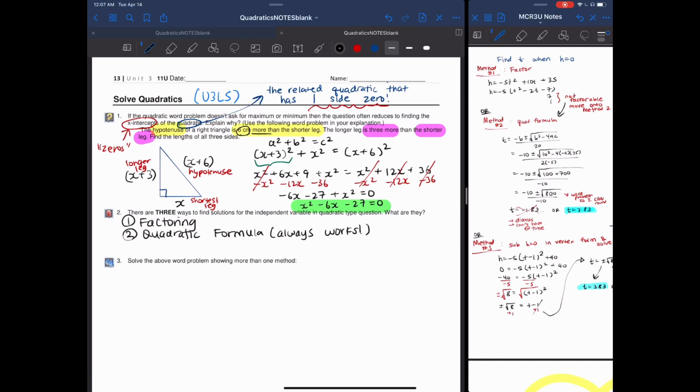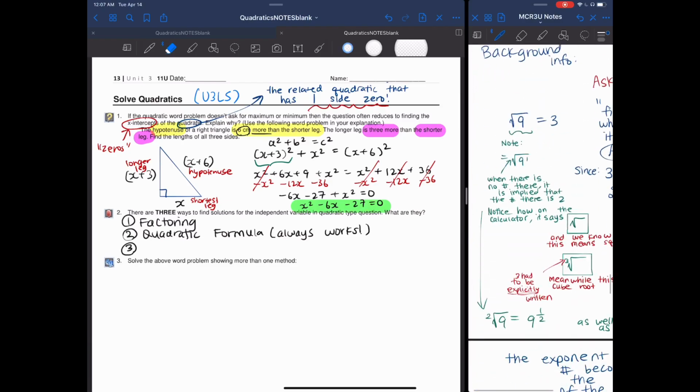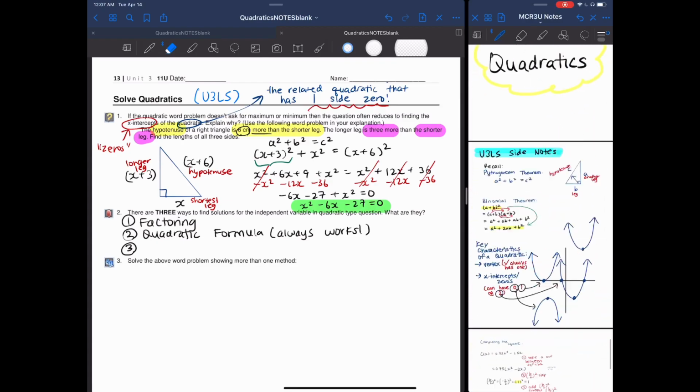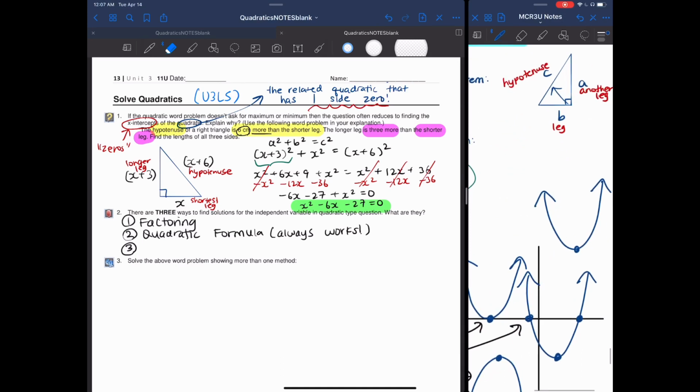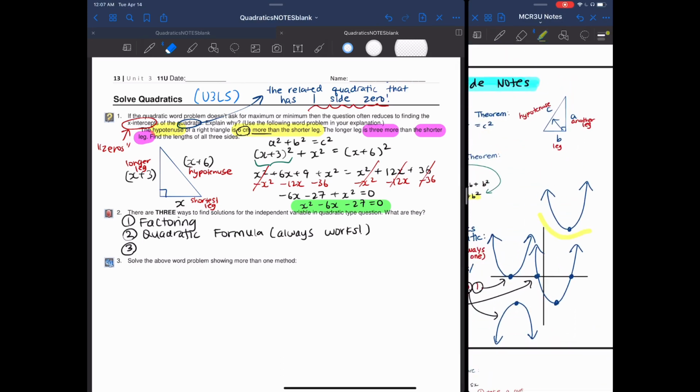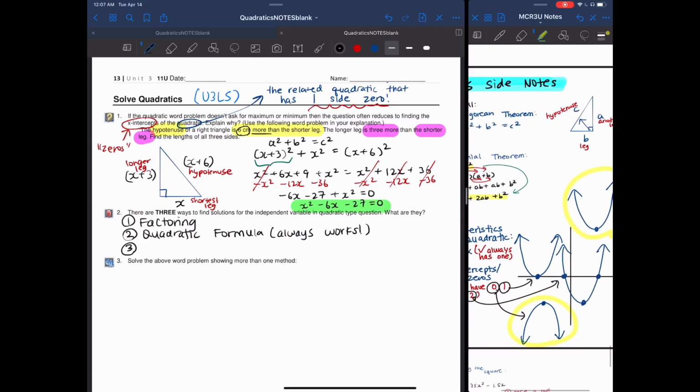But it does always work, unless you have one of the scenarios that I mentioned at the beginning, where you're not going to get x-intercepts because there are none. That's when you have the discriminant being negative. The discriminant is the number under the square root.